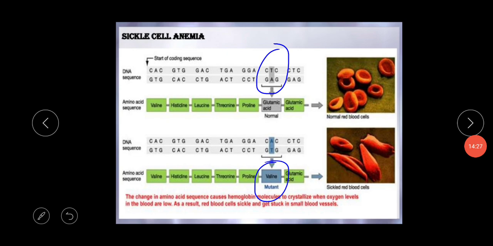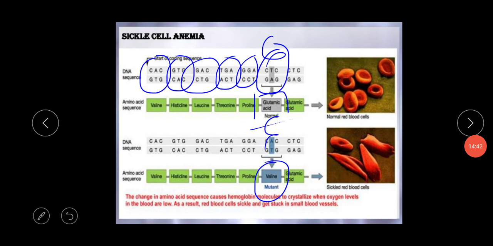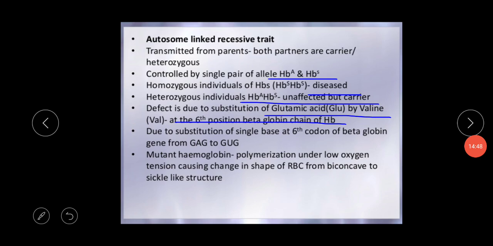I am repeating again, 1, 2, 3, 4, 5, 6. This is the 6th position and this is also the 6th position. Clear? In the 6th position, the first residue was glutamic acid, but after the change it becomes valine.